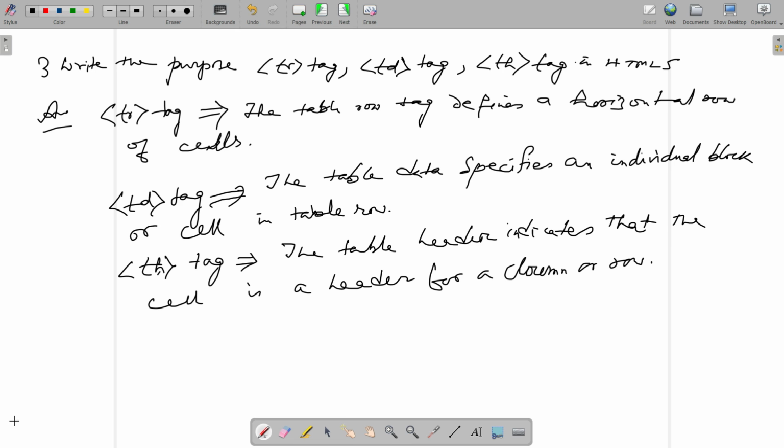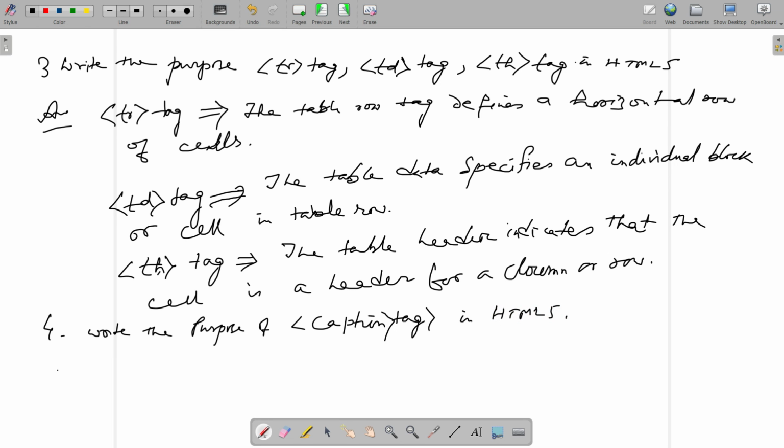Next comes what? Caption, the table caption. The table caption or heading defines the caption of the table. So I will discuss the table caption now. What is the purpose of the caption tag? Write the purpose of the caption tag in HTML5.